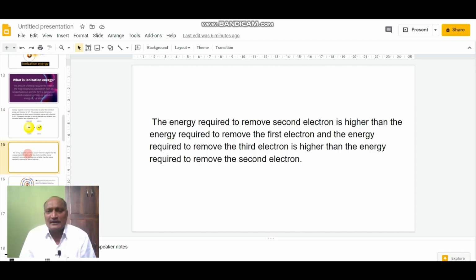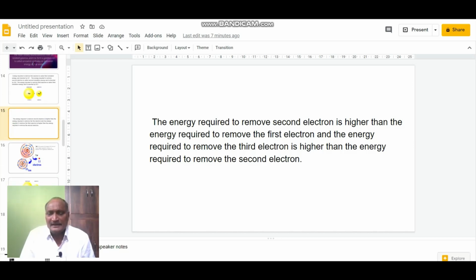The energy required to remove the second electron is usually higher than that required to remove the first electron, and the energy required to remove the third electron is definitely greater than that for the second. If we remove the first electron from a gaseous isolated atom, it forms a cation.